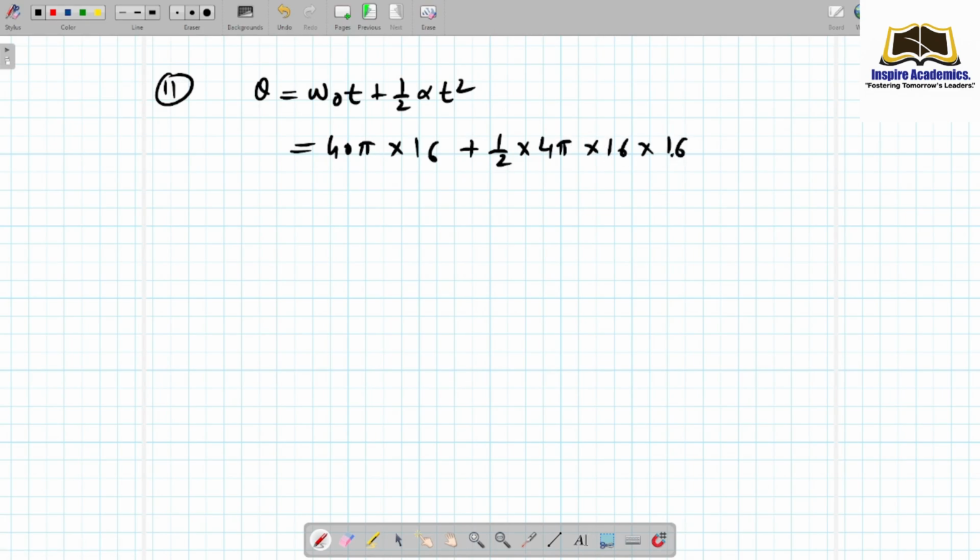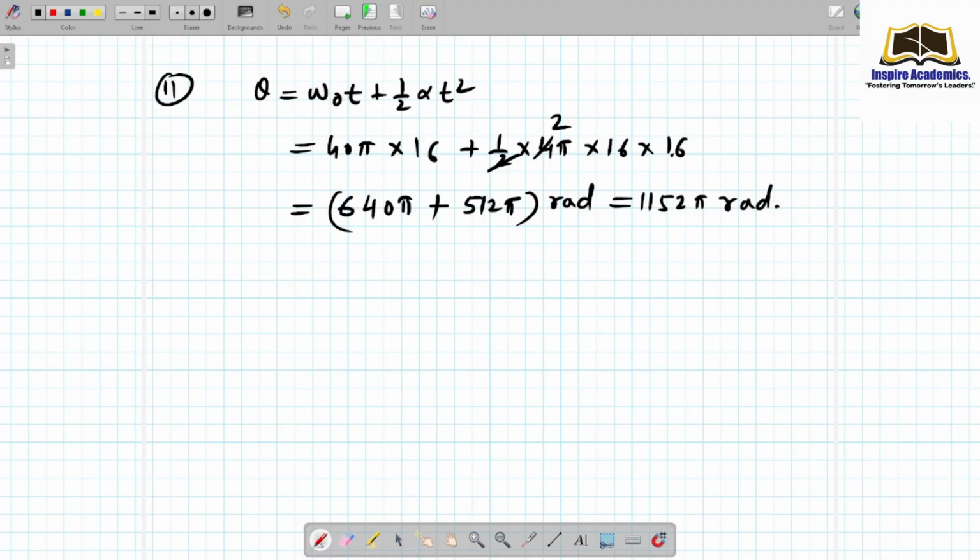So you will have 640 pi plus 2 times 256, which is 512 pi. So you will get 1152 pi radian as the answer.